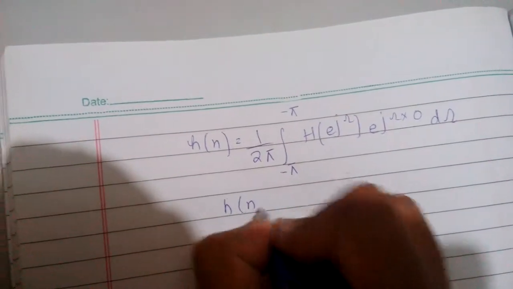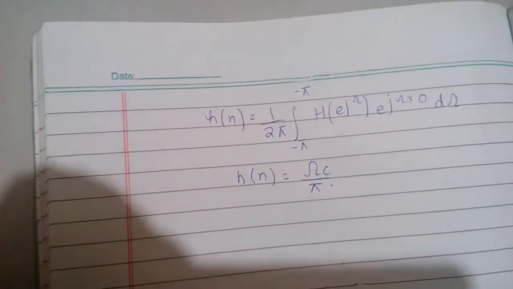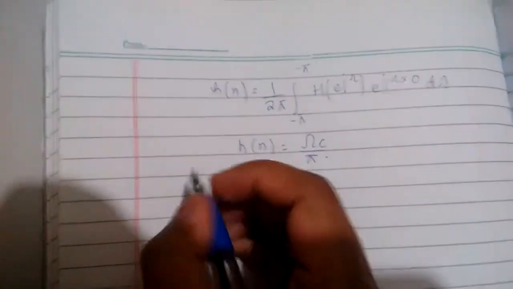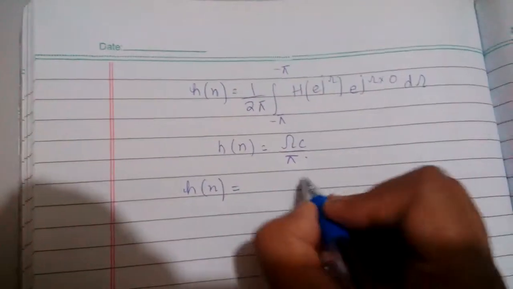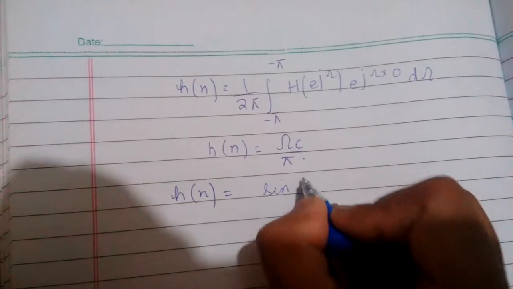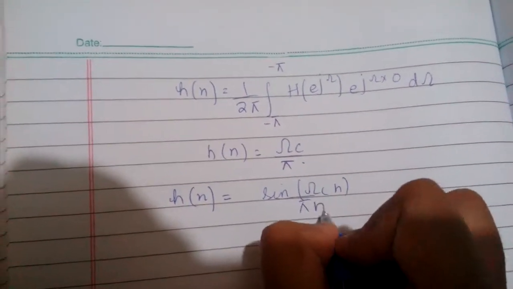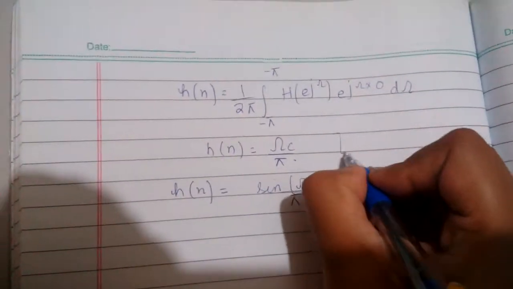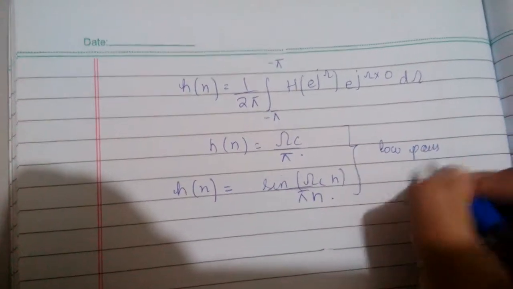So for h of 0 it gives sigma c over pi. Then for n not equal to 0, the same method is used and it gives the formula sine sigma c n over pi n. These are the formulas for the low pass filter.